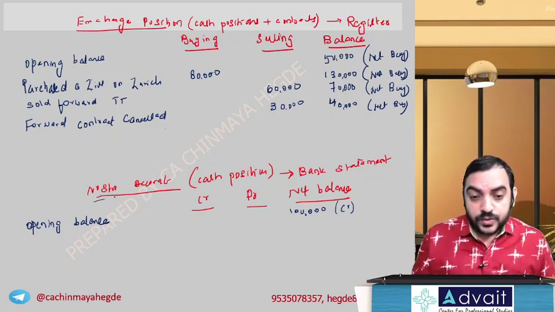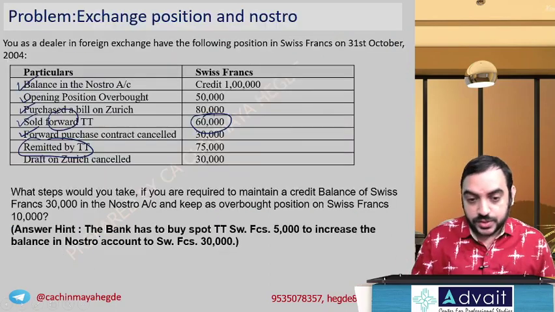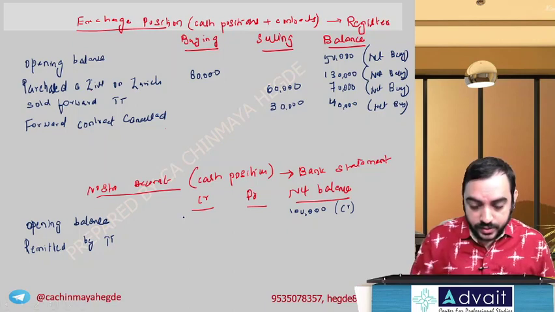Okay, so nostro accounts. Here we will have what we told, remitted by TT. It will have a debit balance, 75,000. Okay, I wrote down again credit debit. Should write debit first, credit later.